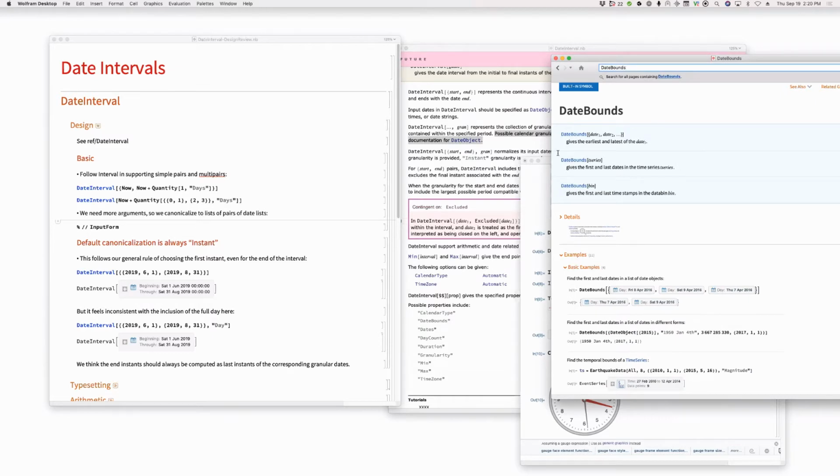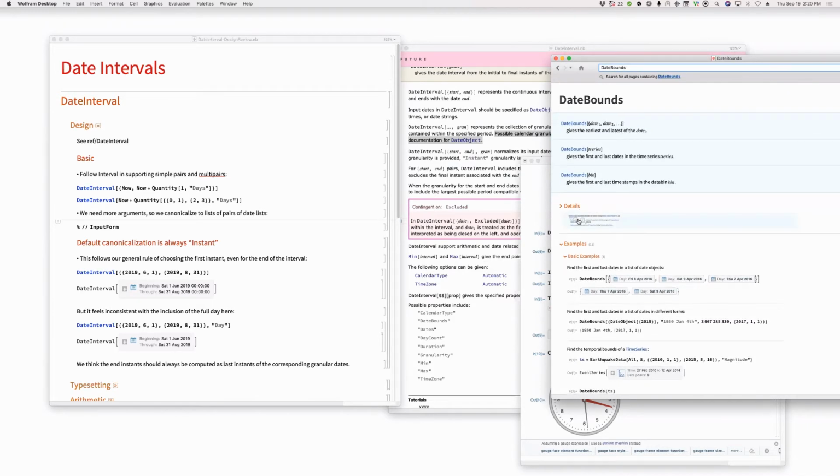So date bounds currently doesn't do subsampling from within granular objects. You can give it a list of dates, or it will get bounds out of containers like time series or data bins. If you gave it a single granular object, in principle you could give date bounds a granularity and ask it. Now, I don't quite understand what the instant right before midnight is.